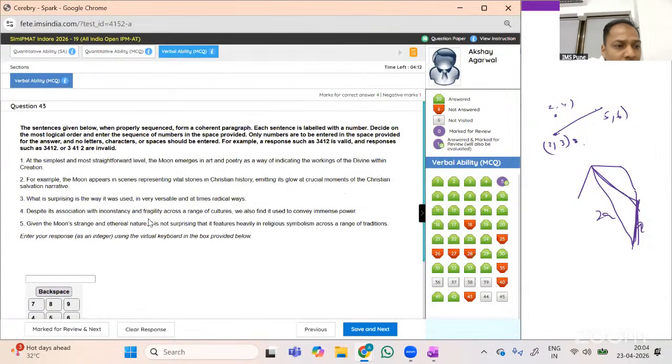All right, let's go ahead. At the simplest and most straightforward, the moon emerges in the art portrait as an indicator of this. What is surprising is that it was used despite its association with inconsistency.